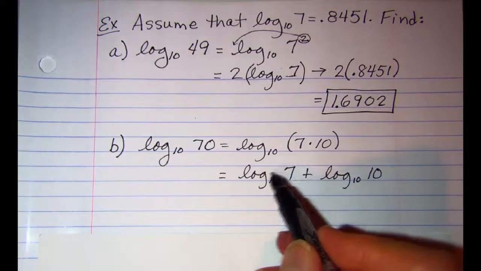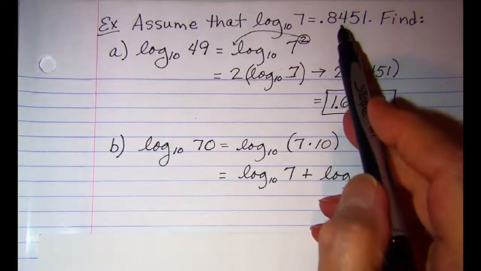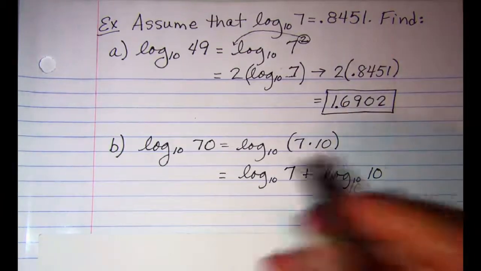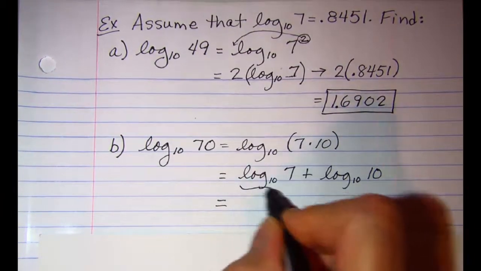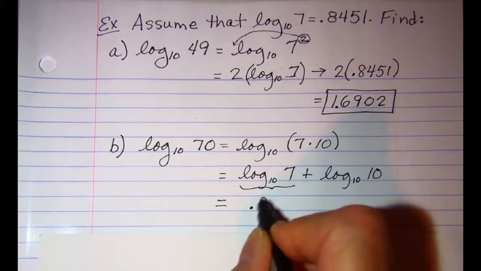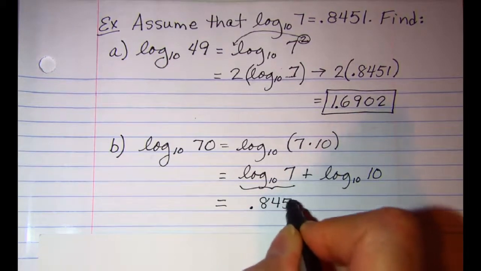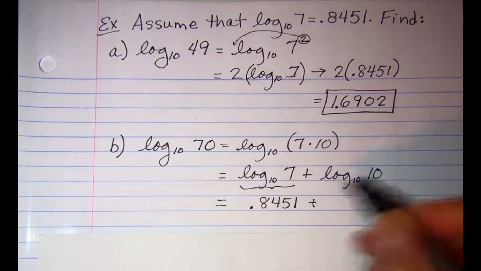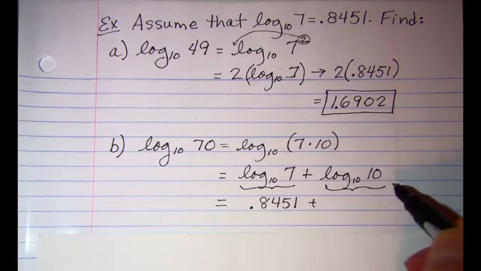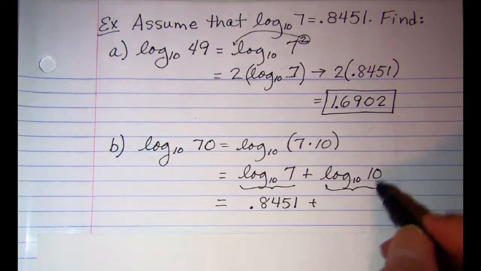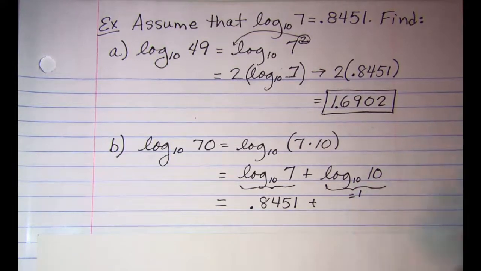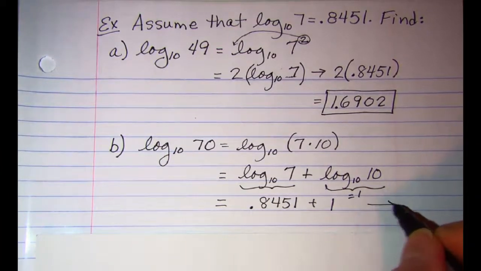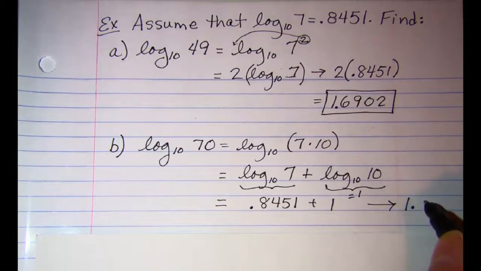This log of 7 is what we were given up here in the directions. So I can replace this with 0.8451. This, I know from property 5, is equal to 1. So I'm going to replace that with a 1. Now if we do the math, we have 1.8451.